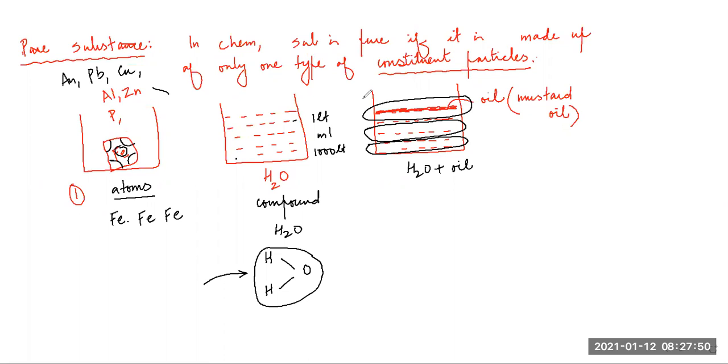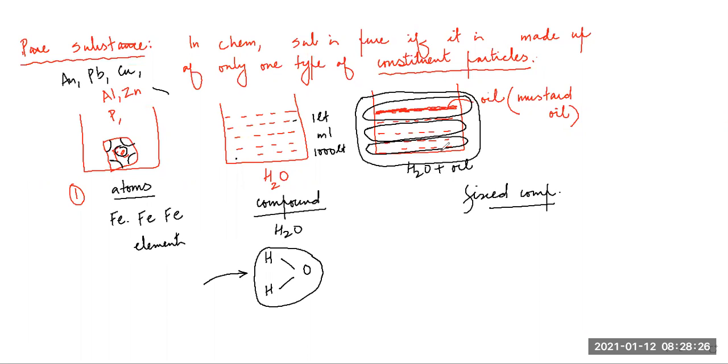Now, this entire substance is not made up of only one type of constituent particles, and hence I say it does not have fixed composition. There is no fixed composition, which was there in the case of elements and compounds. So I regard this particular case as impure.